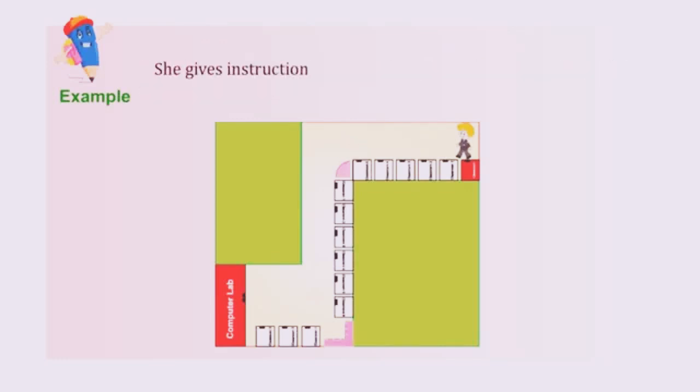She gives instructions to Kabir in the following manner. Move left from the class and go straight. After leaving 5 classes, take a right turn. Move forward, and after leaving 6 classes, take a left turn. After leaving 3 classes, you will reach the computer lab.